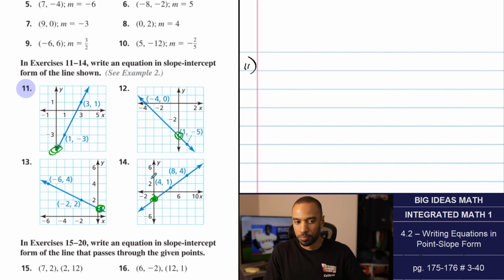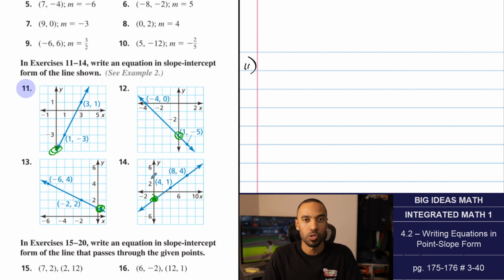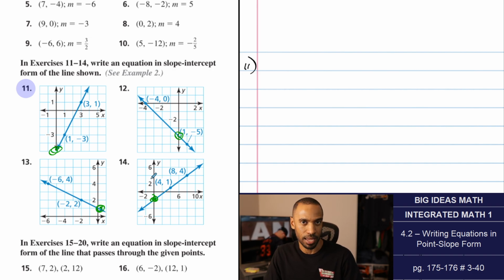The goal, in my belief, is for them to let you see what it is, not so you can write the answer immediately. It's so you can use point-slope form to see that you can get slope-intercept form and agree that the answer you got is the correct one. And that's going to be our plan.